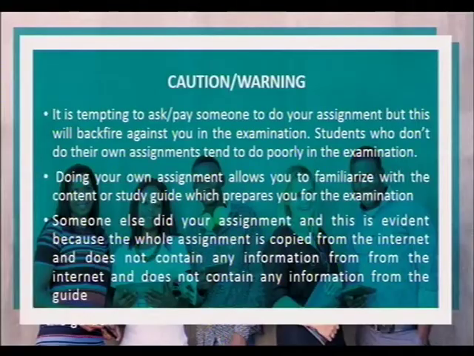Now, what are some of the warnings? Like I said in the overview, we have included some cautions to students. First of all, it is tempting to ask someone to do your assignment for you, but this will reflect in the exam. Most of the time, it's very easy for me as a tutor to pick up when students did not do their own assignments, and hence they do poorly in the exam.